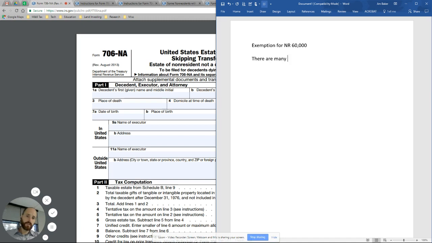There are many documents from the estate that need to be attached. For you visual people, I'm typing this. The return needs to be filed by 9 months after the date of death. Extension can be requested.